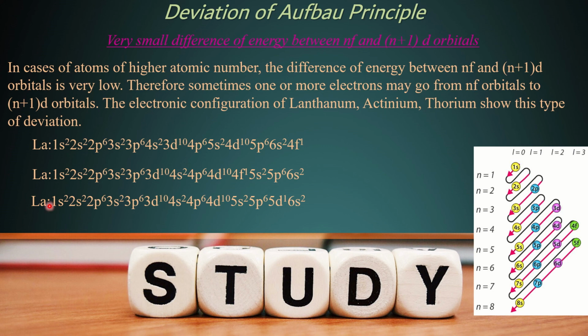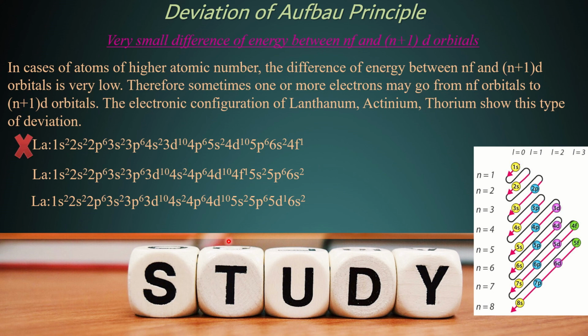Here lanthanum is an element of the lanthanide series, and you know the elements of the lanthanide series and actinide series are f block elements, but lanthanum is an exception. Lanthanum is not an f block element. It is a d block element, because the last electron of lanthanum goes to the 5d orbital. So it is a d block element.